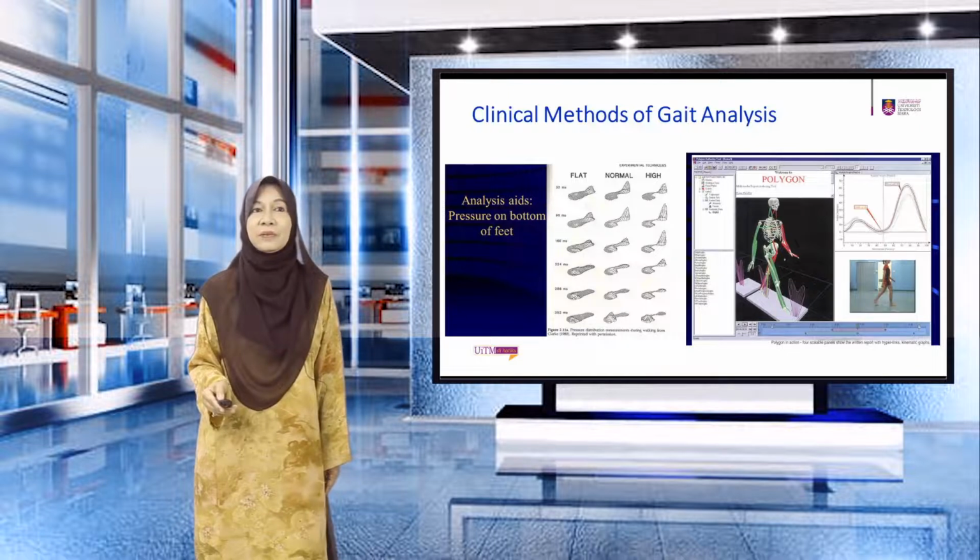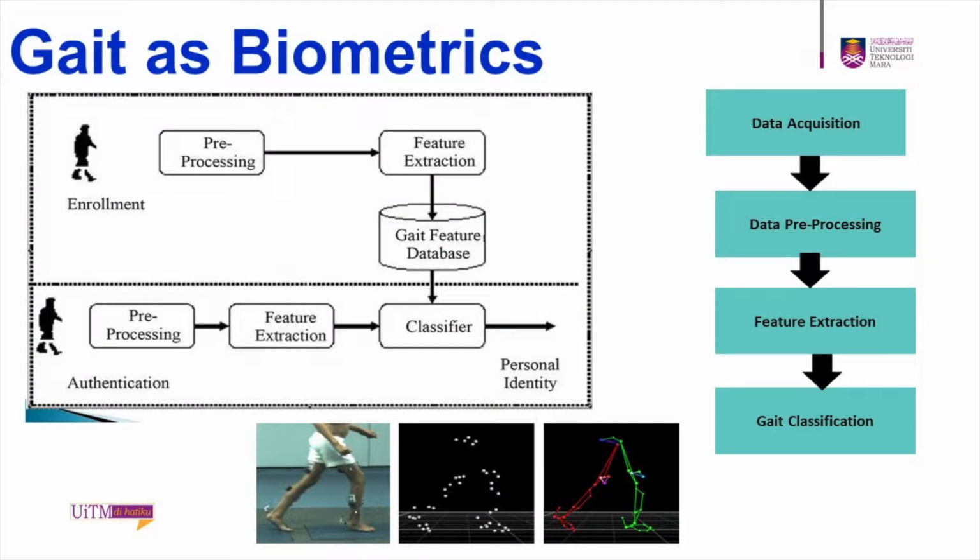Another example is gait as biometric, which involves data acquisition, data preprocessing, feature extraction, and gait classification. This is similar to other biometric techniques, for example retinal scan, voice recognition, and fingerprints, with the purpose of identifying individuals. Gait as biometric is a method of identifying individuals by the way they walk.